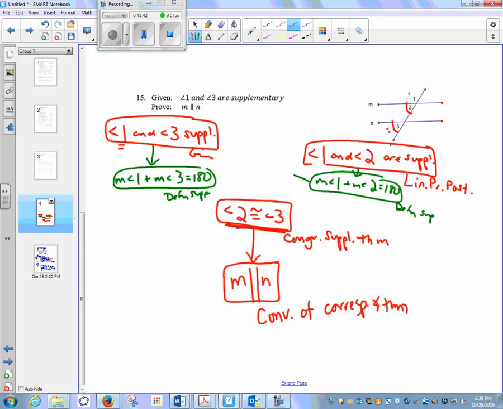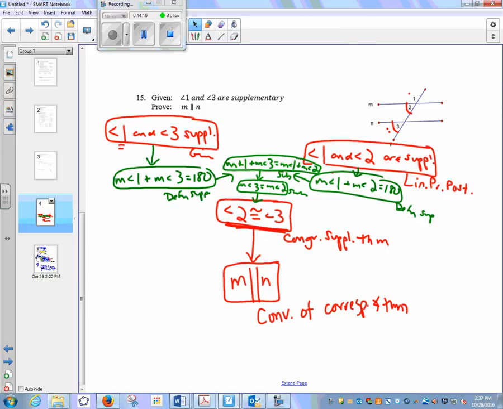Then you would set them equal to each other. Substitution. And then subtract 1 from both sides. Subtraction. And then they're congruent by definition of congruent. A little bit longer, right? So the congruent supplements theorem really eliminates all of that.